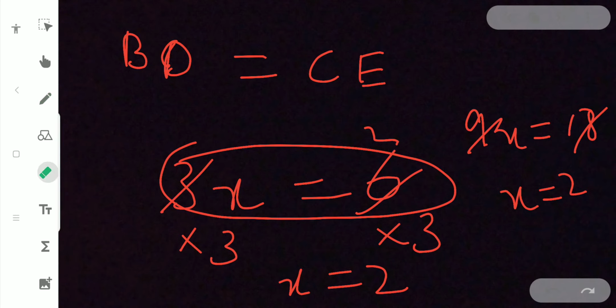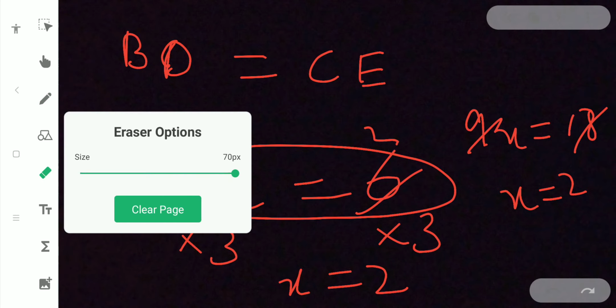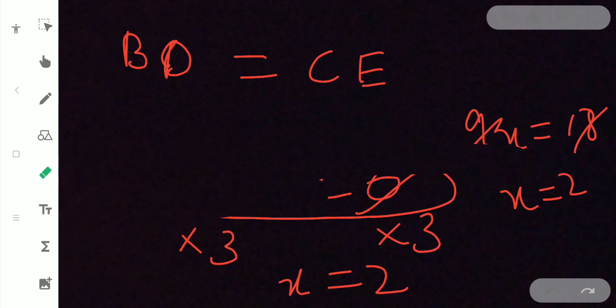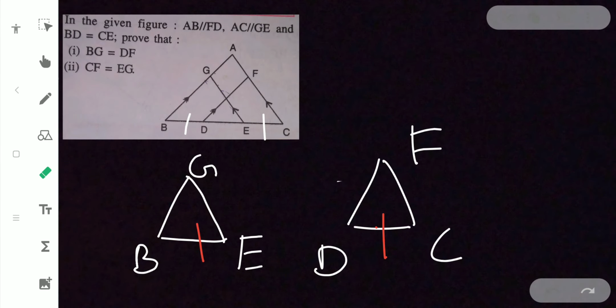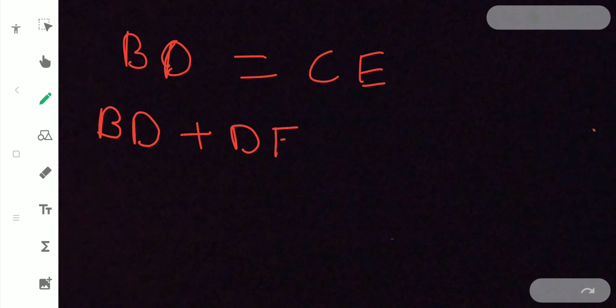So this one, I want to prove BC is equal to DE. Sorry, BE is equal to DC. Now I will add BD plus DE. BD plus DE is equal to CE plus DE.